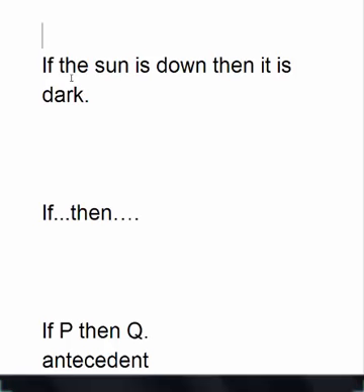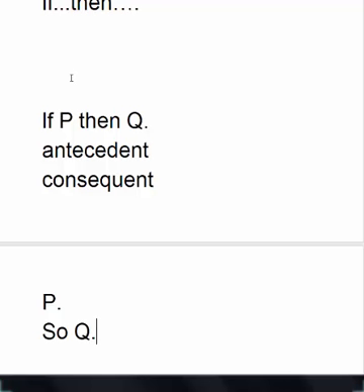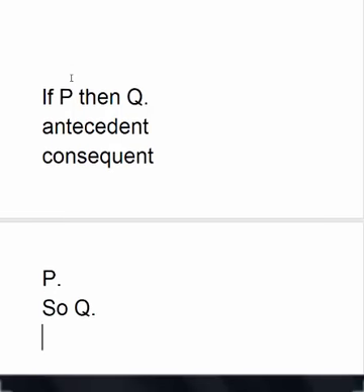The sun is down is our antecedent. It is dark is our consequent. Okay, so if P then Q, or if P is true, then Q is true. P is true, so Q is true as well. That is, in the conditional, if the antecedent is true, then the consequent must be true. That seems to be fairly clear, really clear, actually.